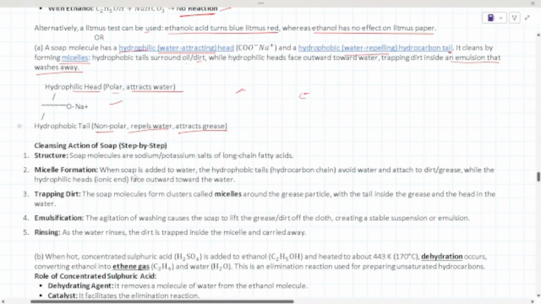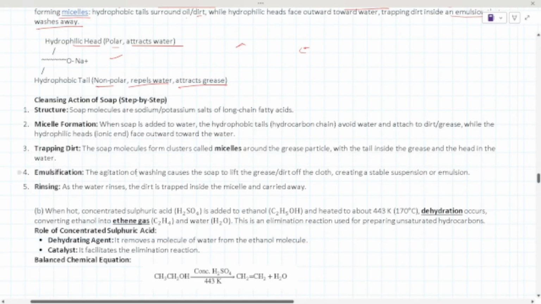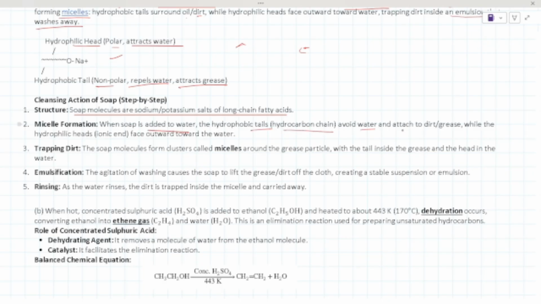Is it clear? You can also see here the cleaning action of soap step by step. Structure: soap molecules are sodium or potassium salts of long-chain fatty acids. The hydrophobic tails, that is the hydrocarbon chain, avoid water and are attracted to oil, while the hydrophilic heads face outside towards the water.